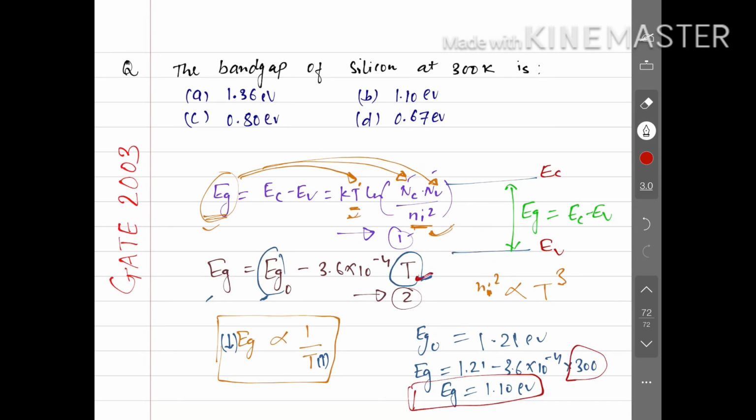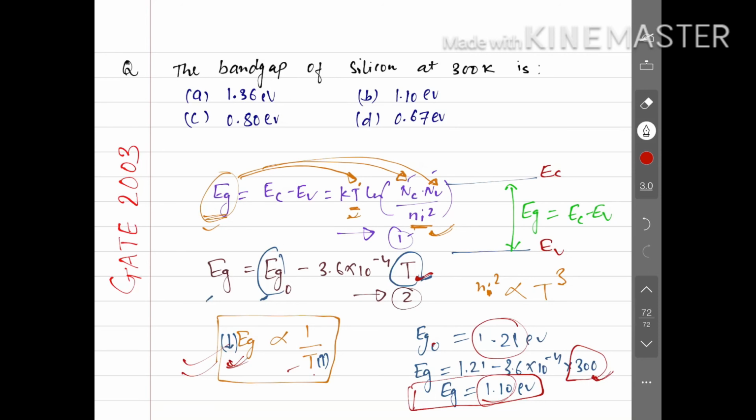At 0 Kelvin the band gap was 1.21, and when we increase the temperature to 300, the band gap becomes 1.10. So as temperature increases, the band gap reduces from 1.21 electron volt to 1.10 electron volt.